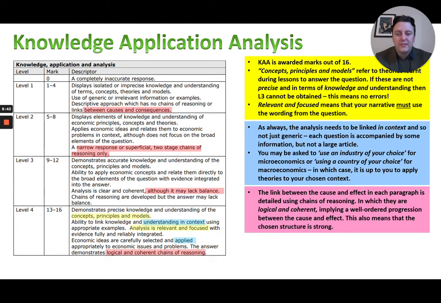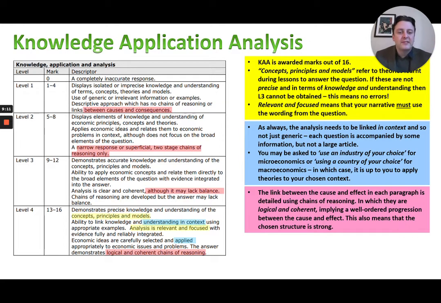So I've put these things in red because this is related to the chain of analysis and balance. The link between cause and effect in each paragraph must be detailed using a chain of reasoning. They have to be logical, coherent and well ordered between cause and effect.